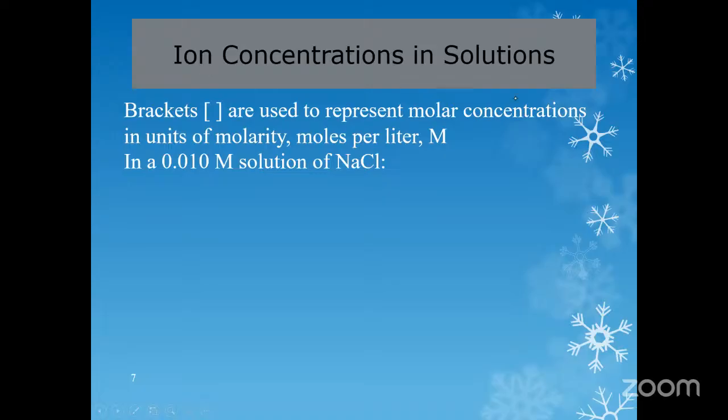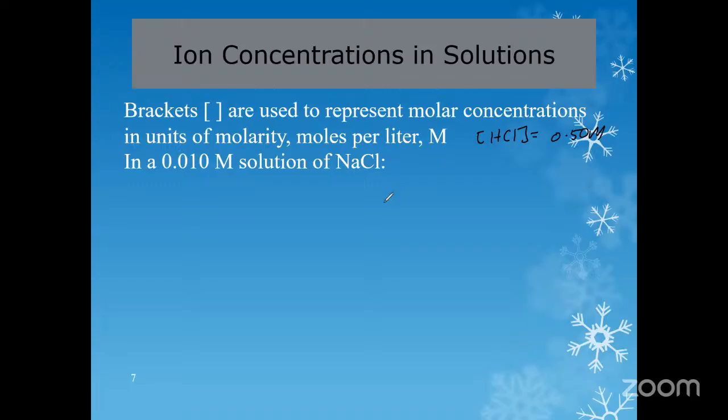If I gave you something like this, it means the concentration of HCl is equal to 0.50 M. That's a symbolism used pretty much throughout chemistry to represent the concentration of whatever is within the square brackets.